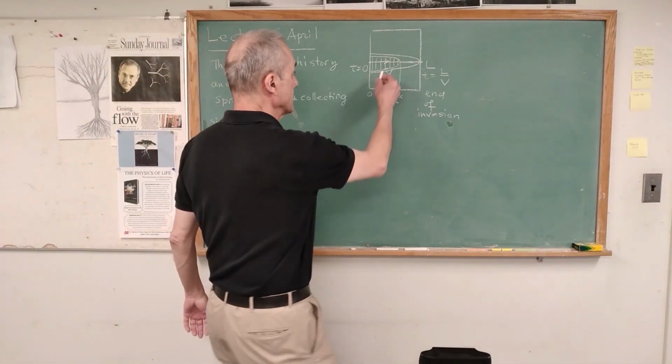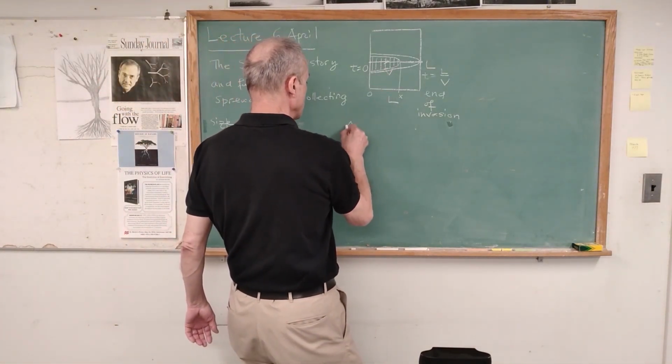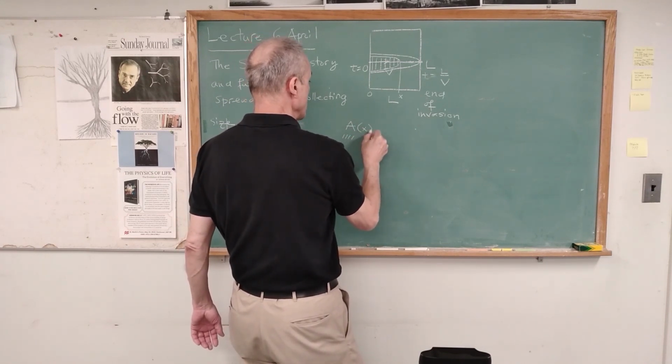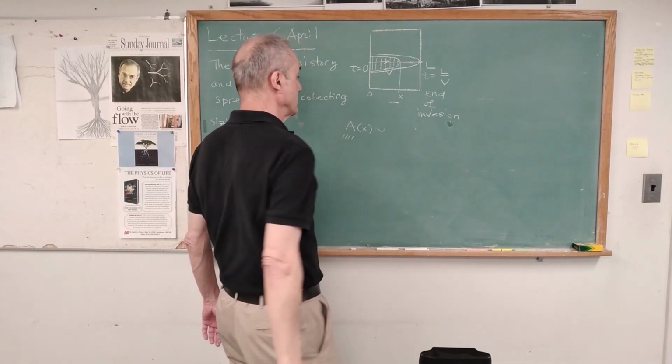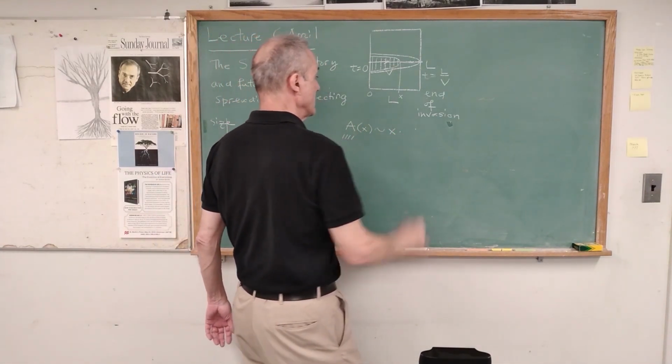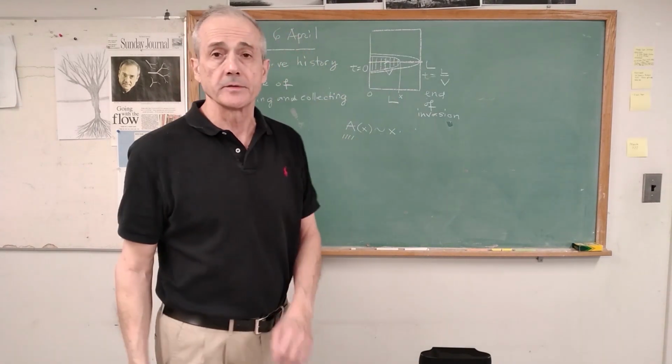So the area that's shaded is a function of X, and it is of order of what? The length, X, and the thickness of the finger.